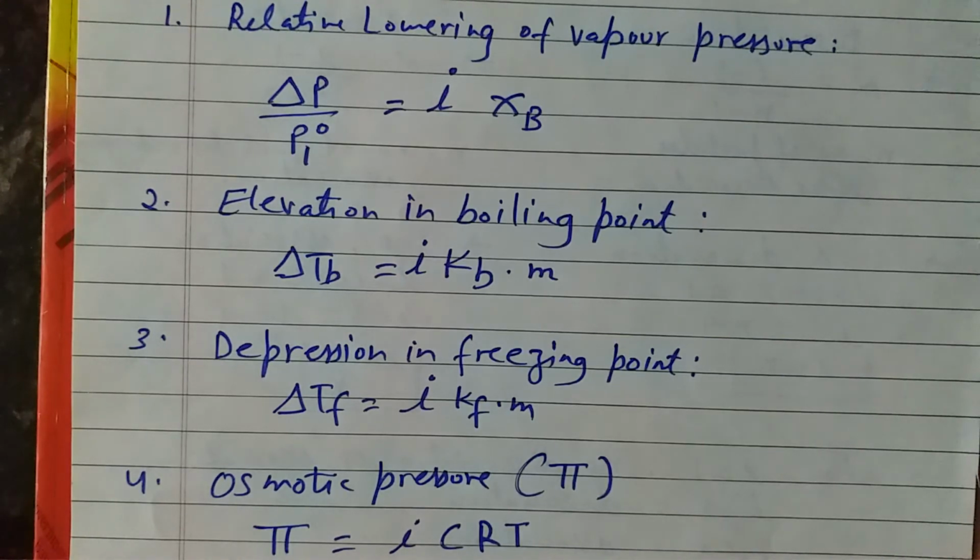Only if it is mentioned that there is no association, no dissociation, and that is the case when you have non-polar solutes, the ones which cannot dissociate or cannot associate, then the value of Van't Hoff factor can be taken as 1. Otherwise, if it's an ionic salt or if it's an acid like ethanoic acid which can associate or dissociate also in water, you have to consider the Van't Hoff factor to calculate the value of the colligative properties.